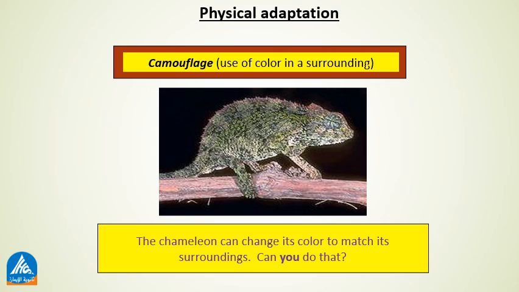We have adaptations for getting food, like the sharp teeth of the lion to tear the meat, and the flat teeth of the donkey or the horse to grind the grass. And we have adaptations for protections, like the spines of the hedgehog, the long legs of the ostrich, and the ability to change the color or patterns to blend in with the environment, which is called camouflage.